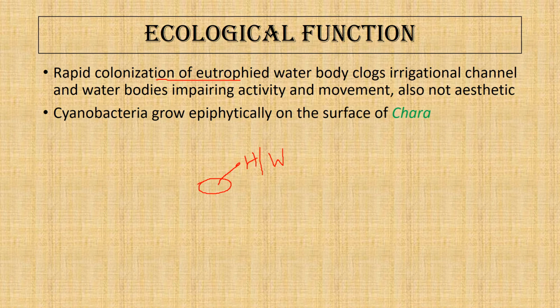Now Chara being an algae, it won't be affected. Only the metabolism of the angiospermic plants will be affected by this herbicide or weedicide. So in that water body, there will be no angiospermic plants. In the absence of angiospermic plants, there will be luxuriant growth of Chara. How? Because Chara is very sensitive to shading, and this shading was caused by the growth of angiospermic plants.